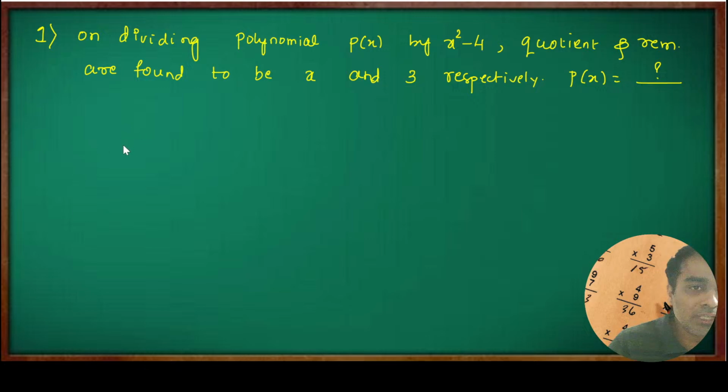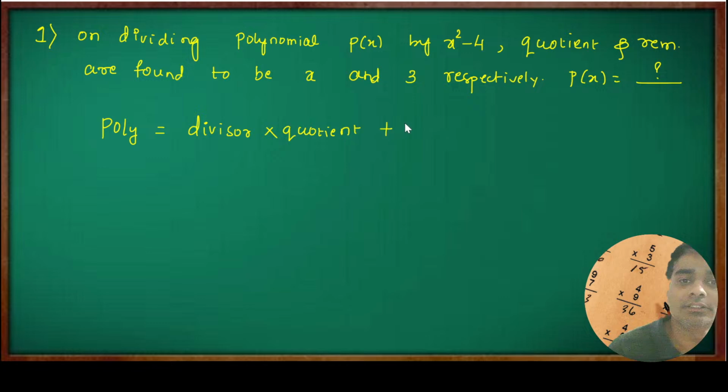You all know that Euclid's division lemma is there, so we are going to make use of that only. According to that, the polynomial will always be given by bq plus r. So I can write divisor into quotient plus remainder.